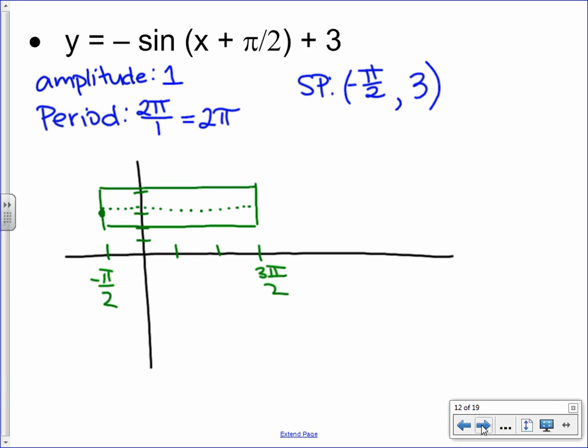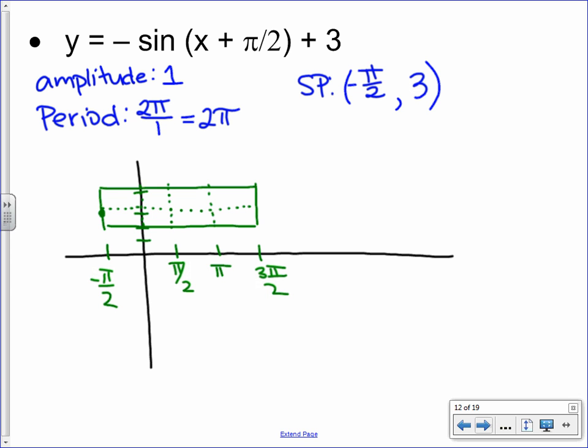How do you get the middle of something? We can add our two outer numbers and cut them in half, right? So pi over 2 is where we are in the middle. Halfway between negative pi over 2 and pi over 2 is 0. Halfway between pi over 2 and 3 pi over 2, pi.